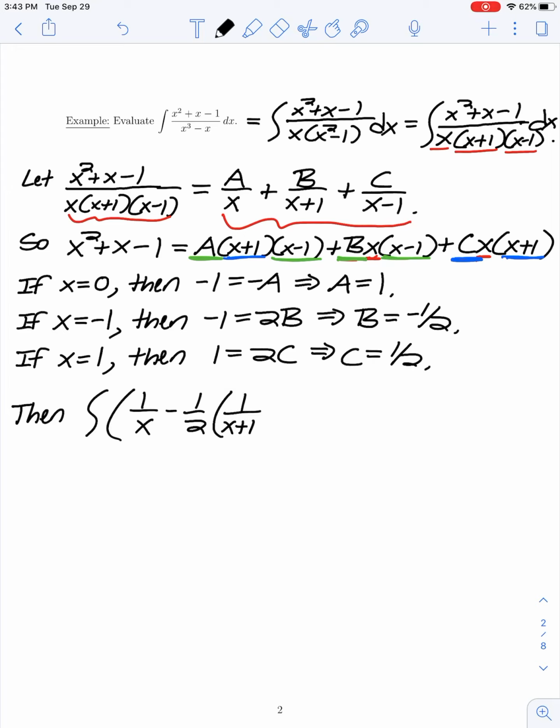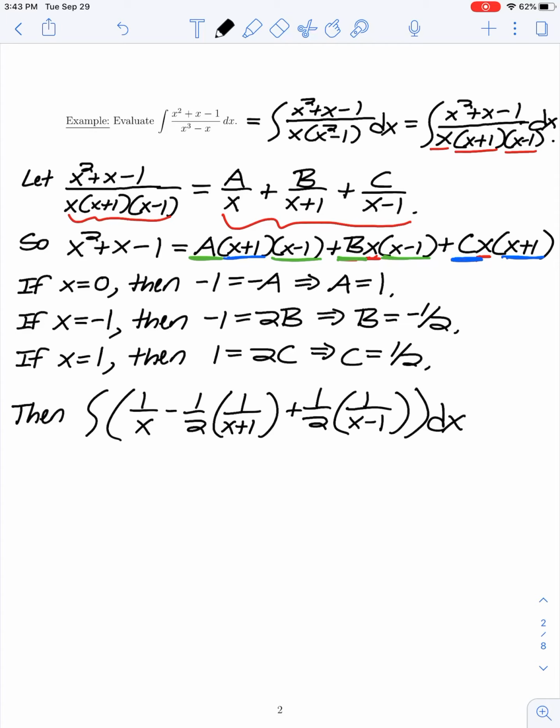So I might write that as b times 1 over x plus 1. And then plus c, which was 1/2 over x minus 1. So I might write that as 1/2 times 1 over x minus 1 dx.